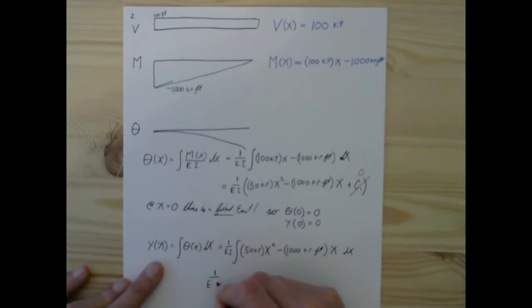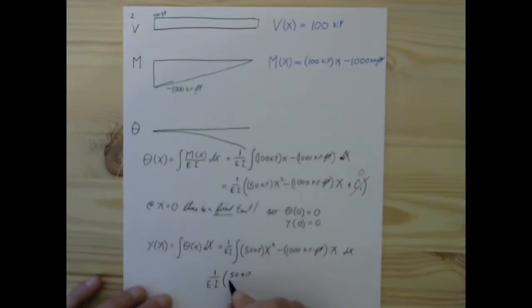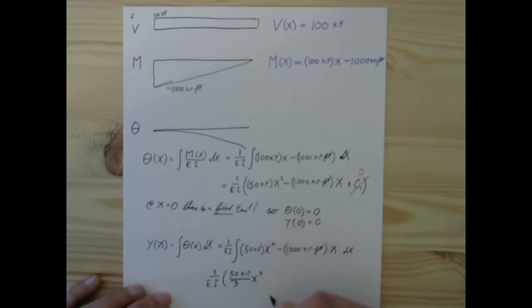That is going to become 1 over the Young's modulus and the second moment times 50 kips divided by 3. I'm not going to bother trying to figure that one out. Cube that.